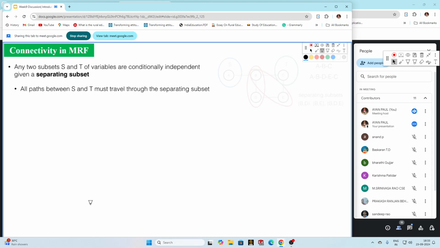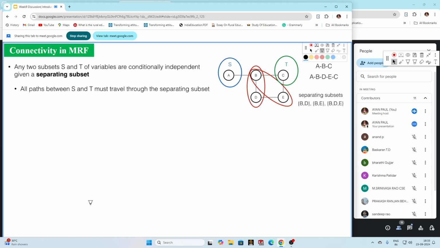Now connectivity in Markov random field: any two subsets S and T of variables are conditionally independent given a separating subset, or we can simplify by this: all paths between S and T must travel through the separating subset.